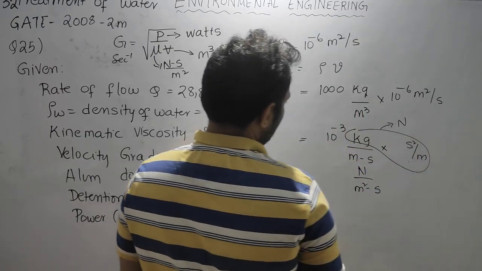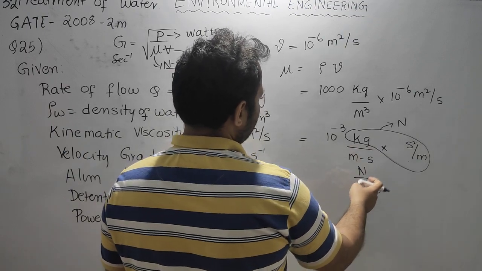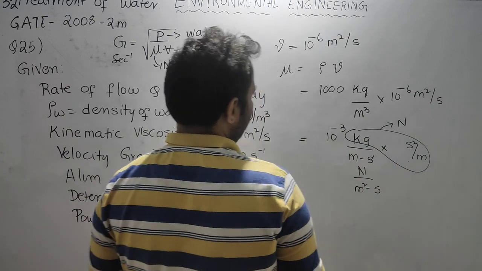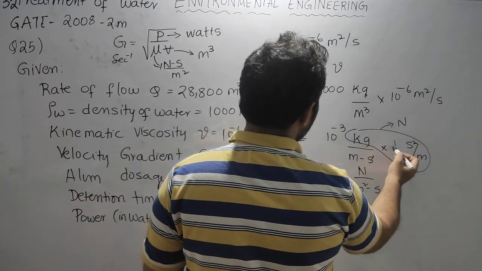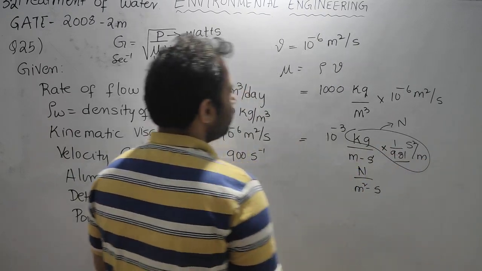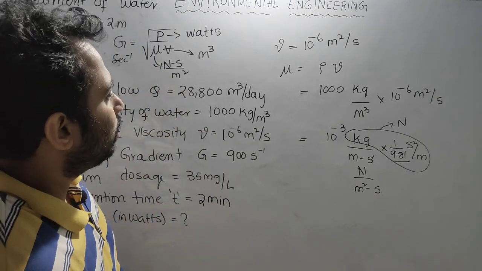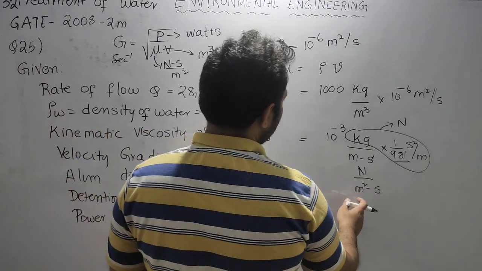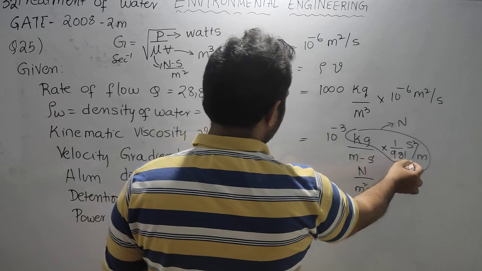Then second cancels, so Newton second per meter square. Dividing means 1 by 9.81.